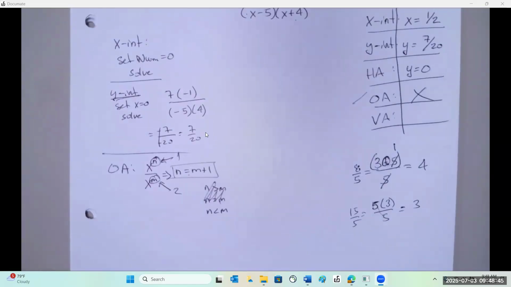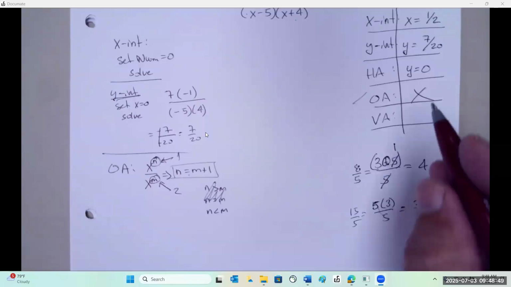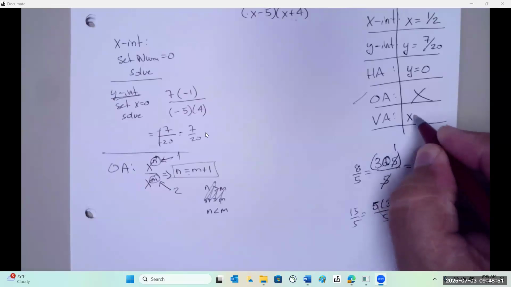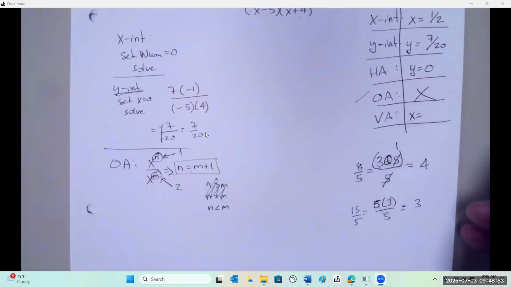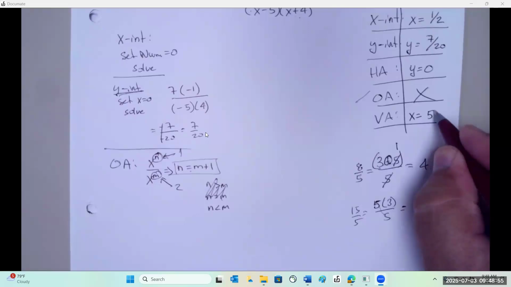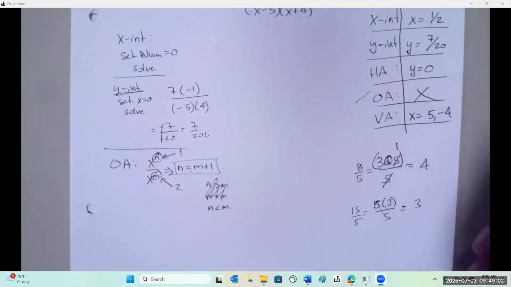What's our vertical asymptote? The bottom is x plus 5 and x minus 4. It's the opposite signs of what's inside the parentheses. It's the same thing we did in chapter 1 when we did circles.